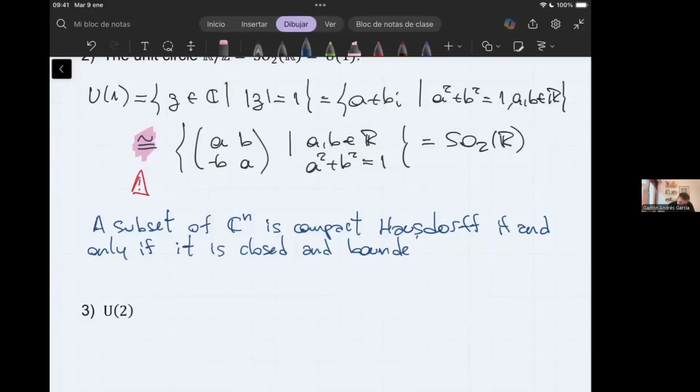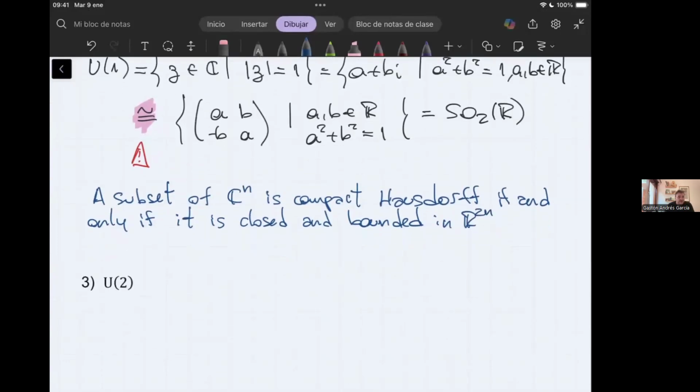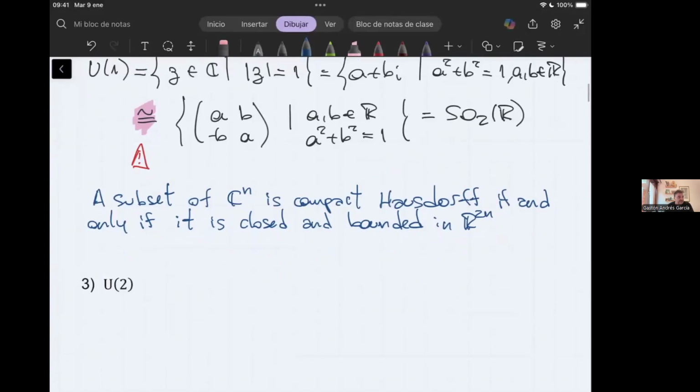So in this example, it's clear that this is closed in R2n. So it is clear that U1 is closed and bounded. The bound is exactly what is given by the very definition.